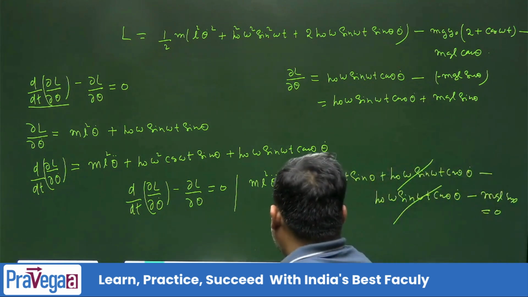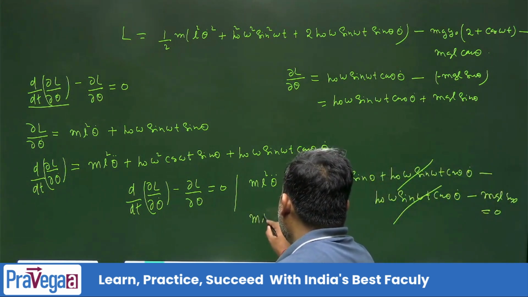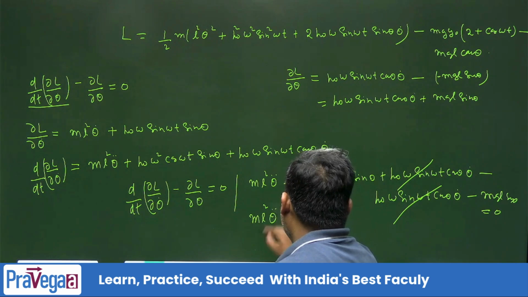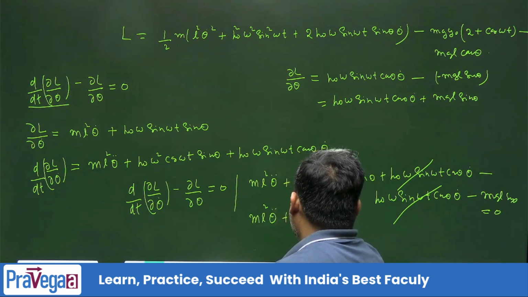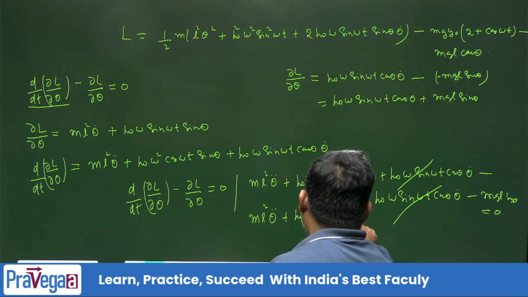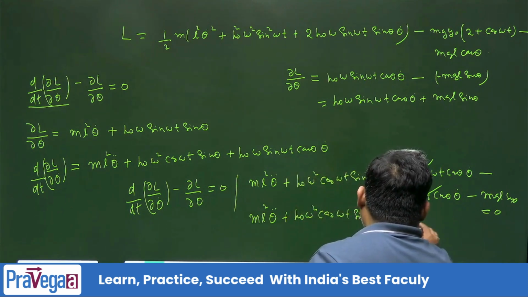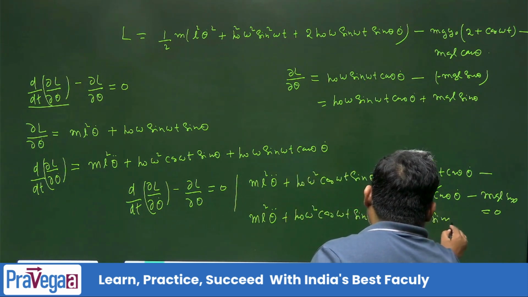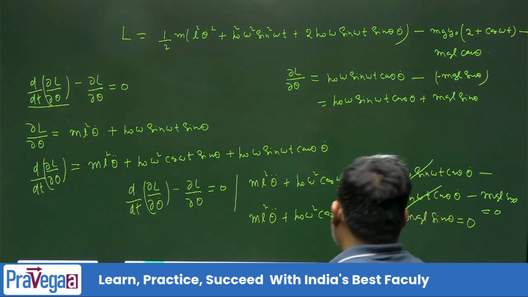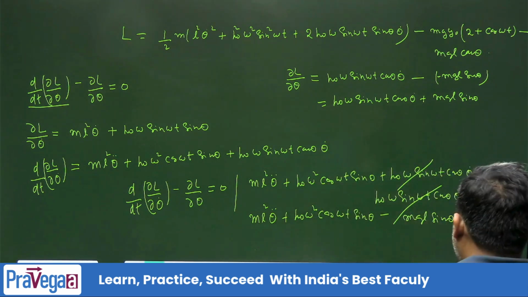So, what is my answer? My answer is mL²θ̈ plus h₀ω² cos ωt sin θ minus mgl sin θ must be equal to 0. So, this is my answer.